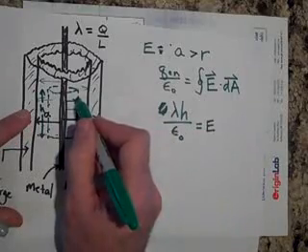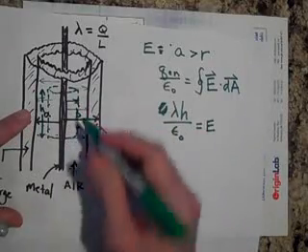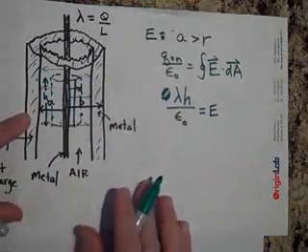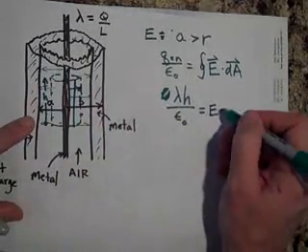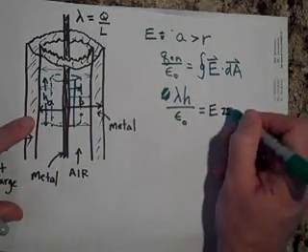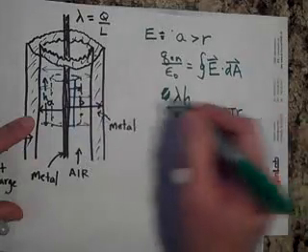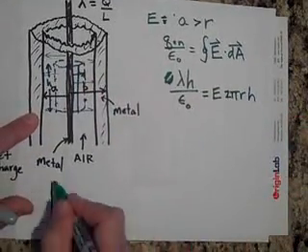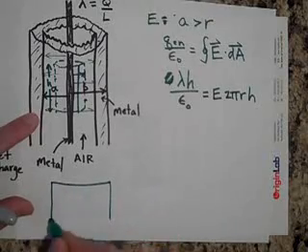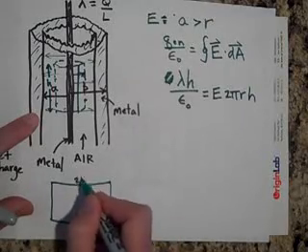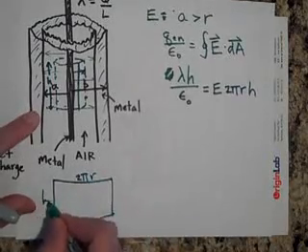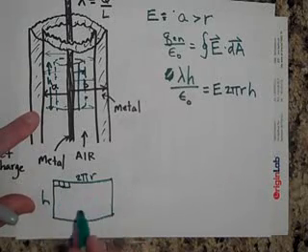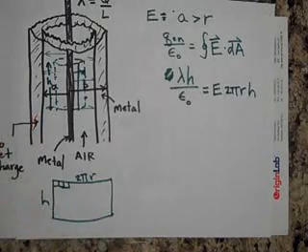If I sum up all these dA's, that would be like cutting this and rolling it out. That's the area of the sides, and the area of the sides is going to be 2 pi r times h. Yeah, if I rolled this out, it might look something like this. And all these little dA's, when I add them all up, I just get 2 pi r h.